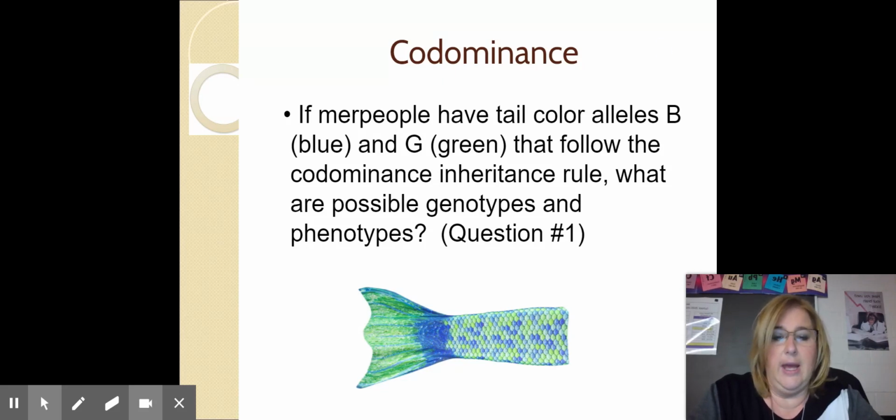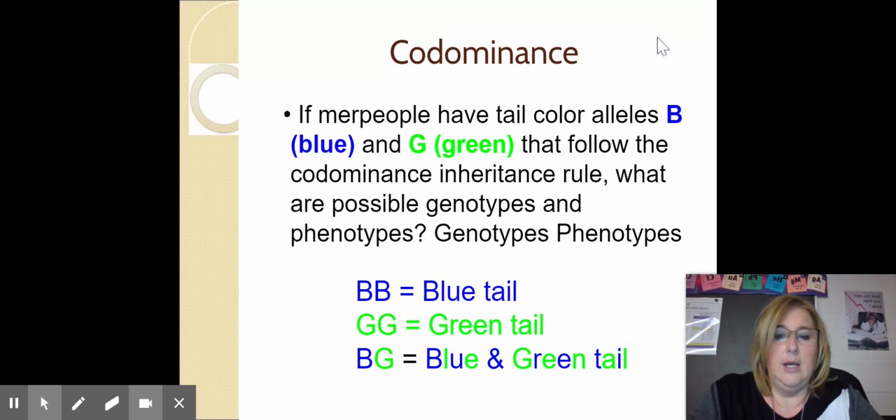So you could have a pure blue-tailed merperson that's big B, big B, and pure blue. You could have a merperson that's pure green and have big G, big G. But if one parent gives the dominant blue and the other gives the other codominant green, then the merperson will have a genotype of big B, big G. Both letters get to appear, both letters get to be dominant.